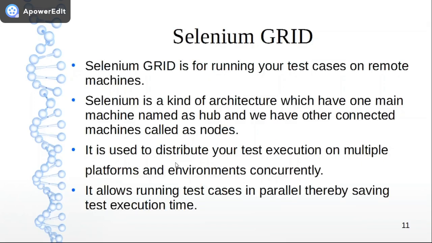So it is used to distribute test case execution on multiple platforms and environments concurrently, and it allows running test cases in parallel, thereby saving test execution time, as I just discussed.